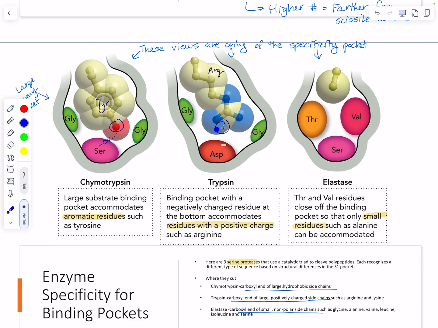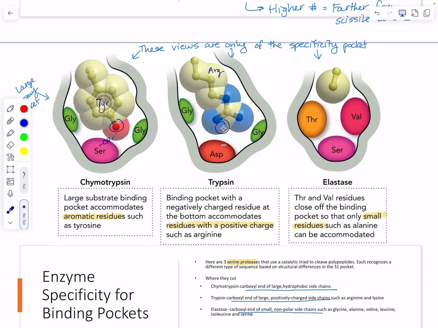So if we have something that projects a little further into this, you could imagine that you'd still be able to bind, but maybe you would bind a little less well, right? So in which case, when we get to doing examples about looking at those kinetic factors, you would expect to see the Km value increase, because you'd need more substrate to get as much binding.